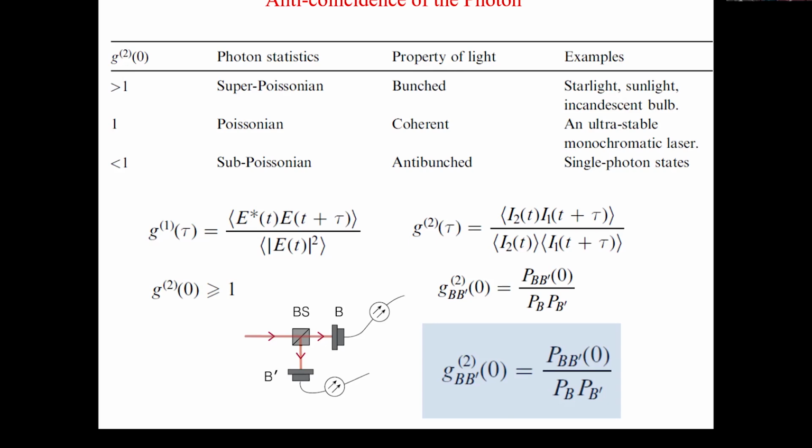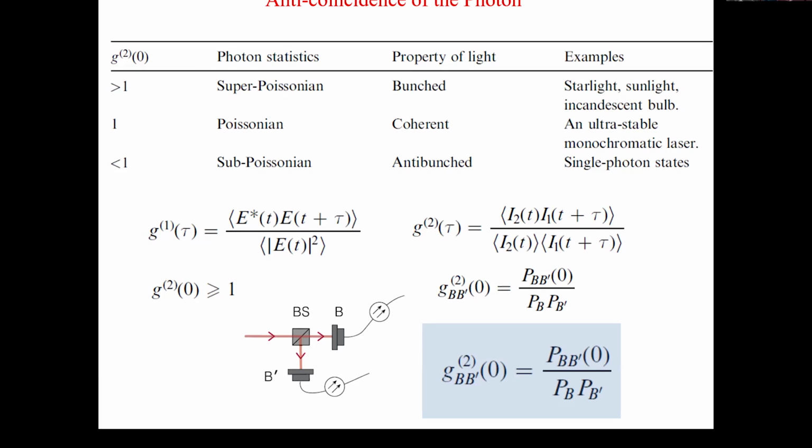The photon number state could be the coherent state alpha, which could be very small, 0.1, 0.3, less than 1. But it's still coherent light, and if you look at the statistics of detection, the second order correlation function is going to be equal to 1.